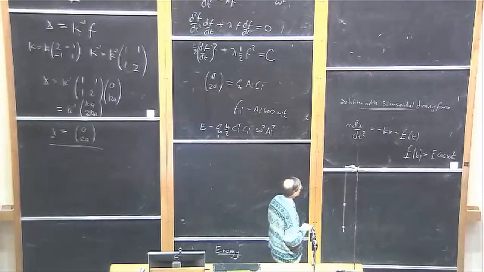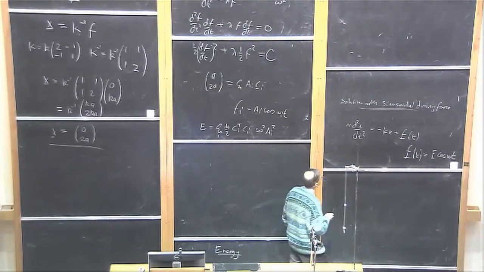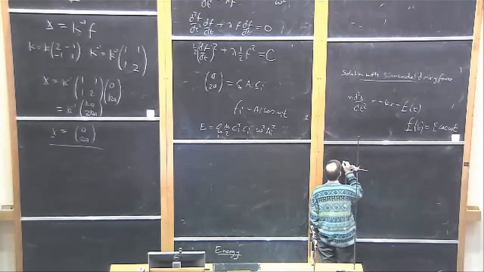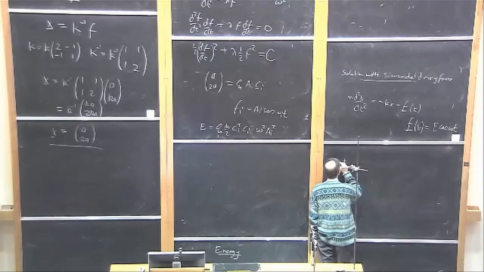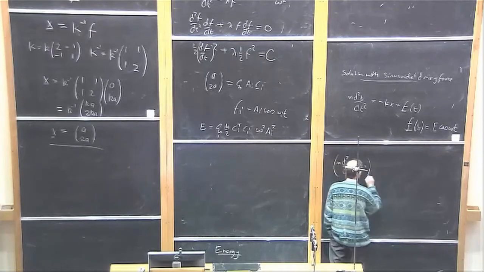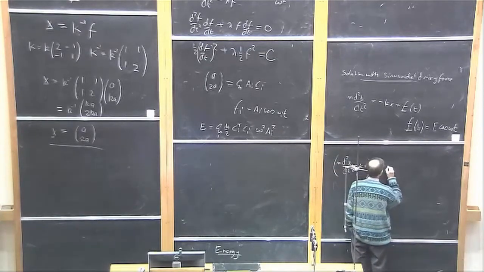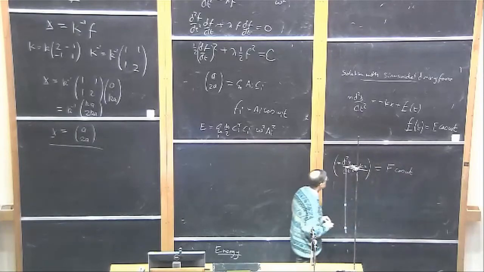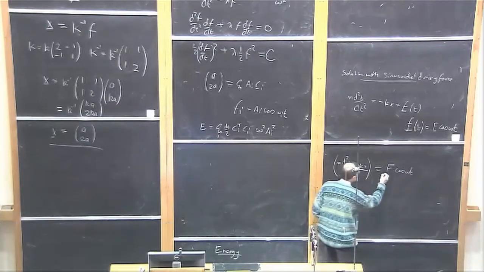So this has the form of an inhomogeneous linear equation, because if we just get the stuff containing x onto one side, we've got m d2x by dt squared plus kx equals F cos omega t, and that's some constant vector.